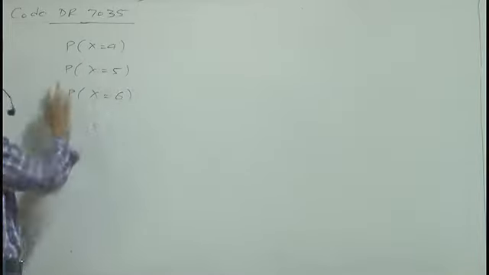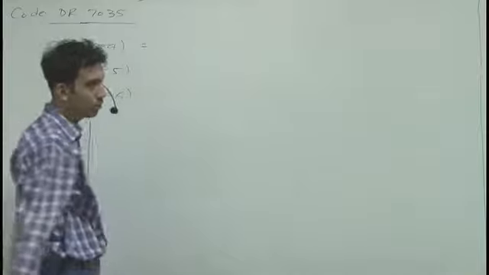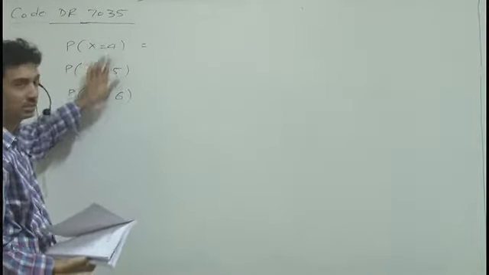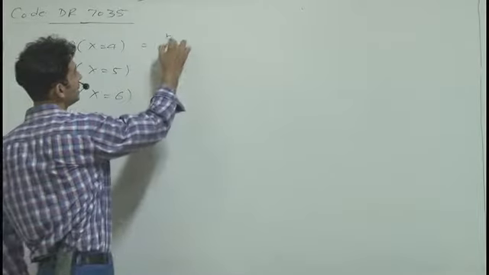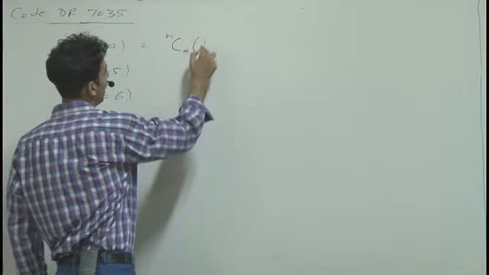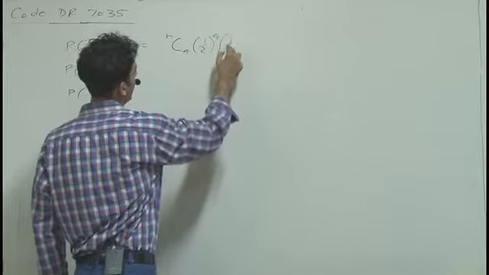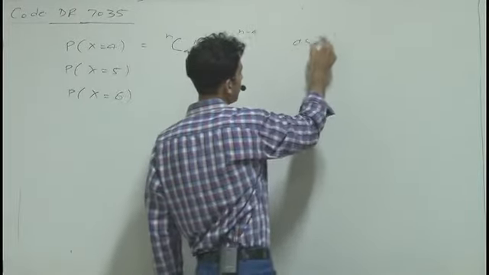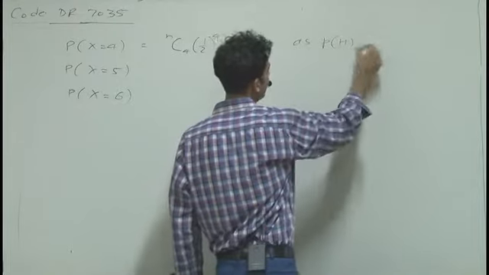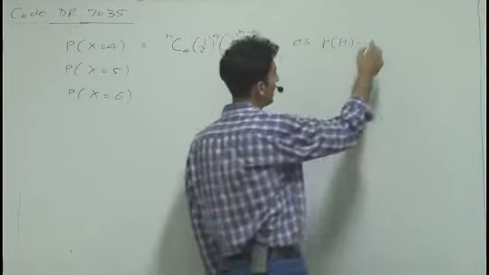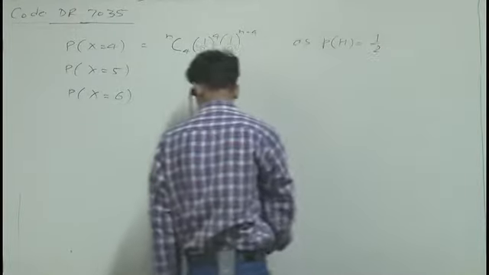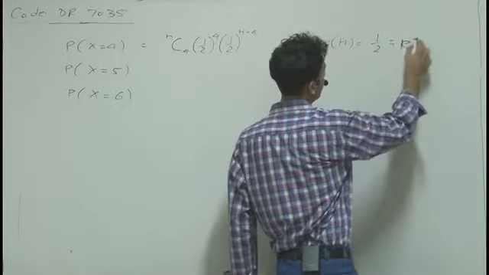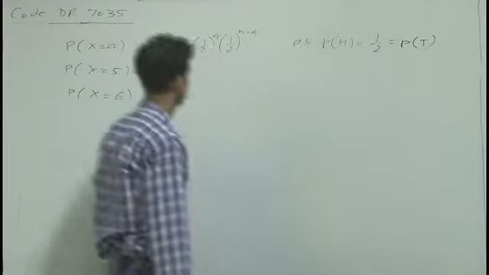What is the value of this? If we want exactly 4 heads out of n times, then we can write this as nC4 (1/2)^4 (1/2)^(n-4), as the probability of head can be written as 1/2, and it is also equal to the probability of tail.